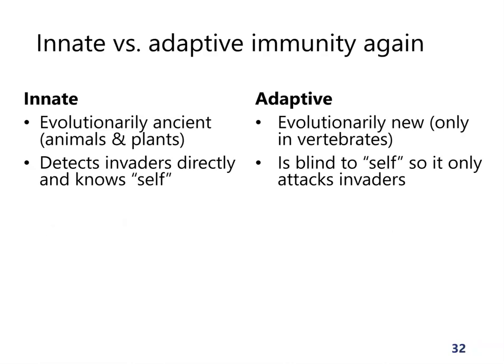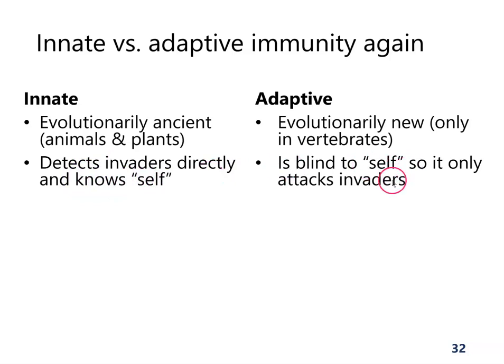So again, let's compare innate versus adaptive. What I want you to pay most attention to here is how they identify self. The innate immune system actually has receptors for self, and it detects invaders directly using pattern recognition receptors, so it can see non-self.